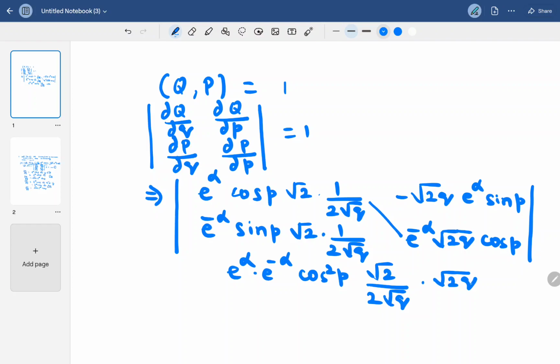Root 2 root 2 root q divided by 2 root q. Root 2 will cancel with 2, root q will get cancelled.